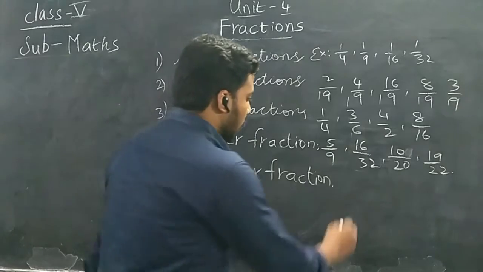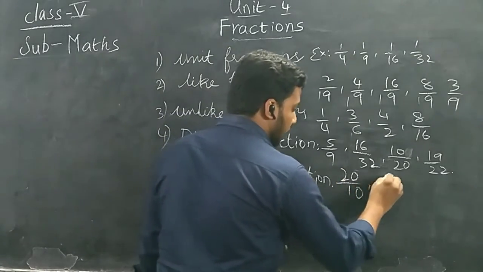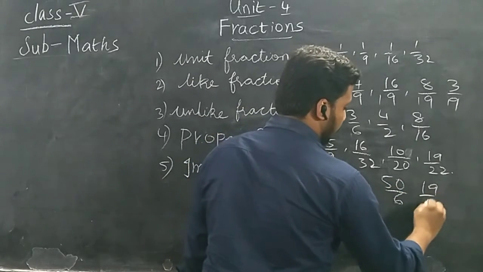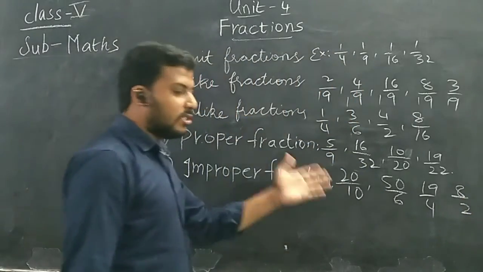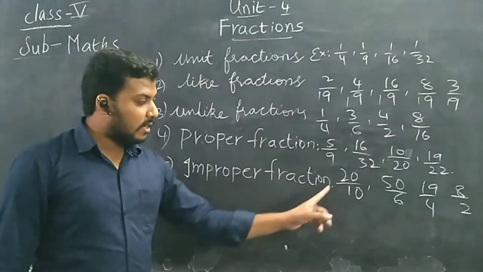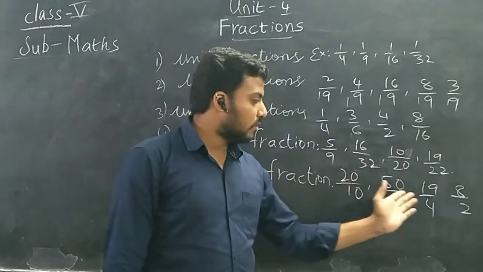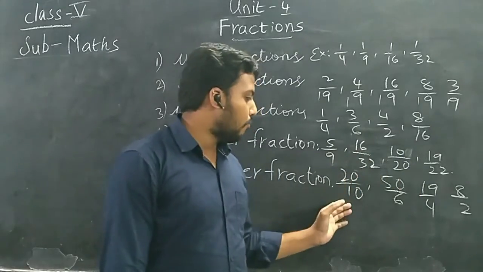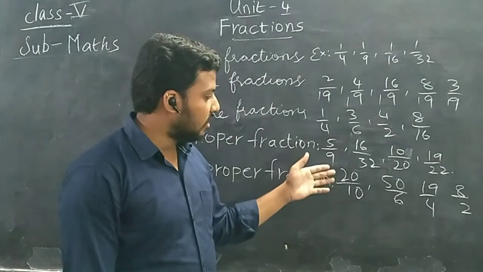So, children, 20 by 10, 50 by 6, next 19 by 4, 8 by 2. If you look at this kind of fractions, you can observe that in the numerator place all the numbers are very big, or you can say greater, when compared to the denominator's value.